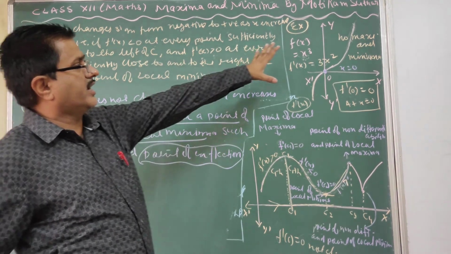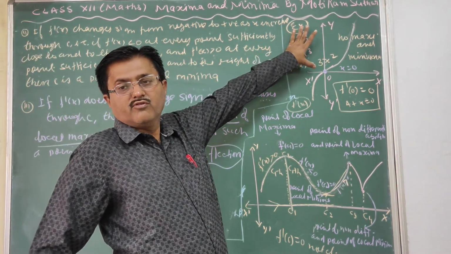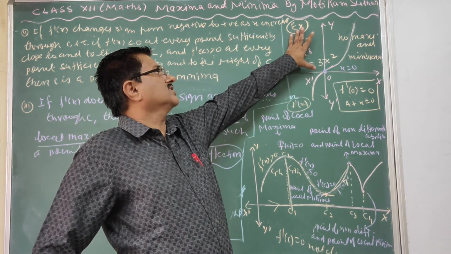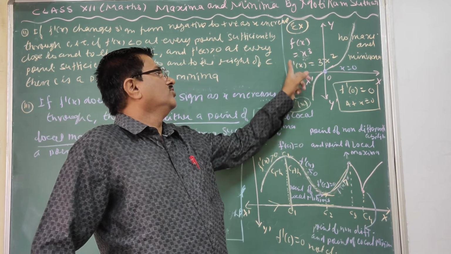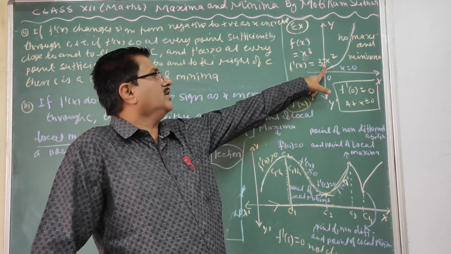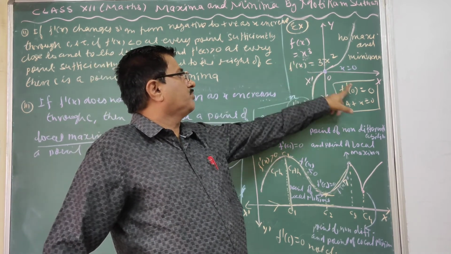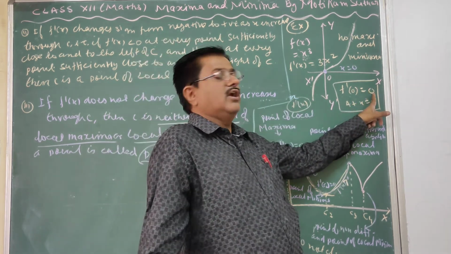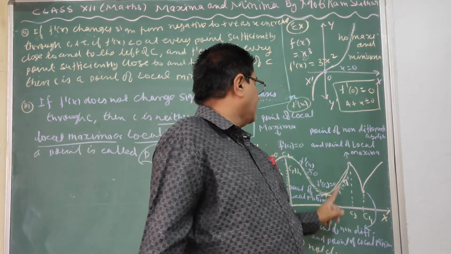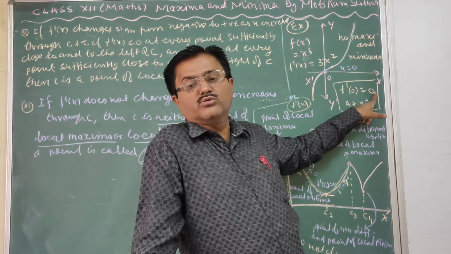Like we are taking this example. For a point of inflection, you can consider f x equal to x cube. You find the derivative, 3x square. Now you can put the point x equal to 0. Here we are taking c, so c equal to 0.